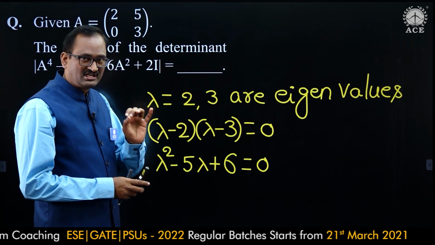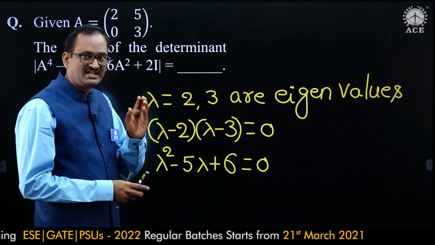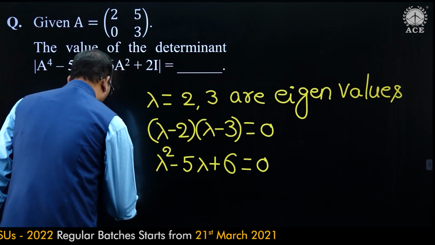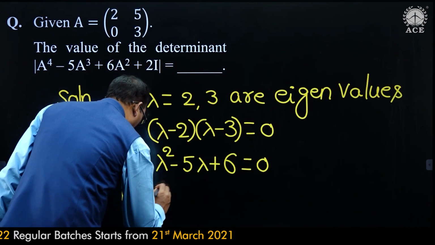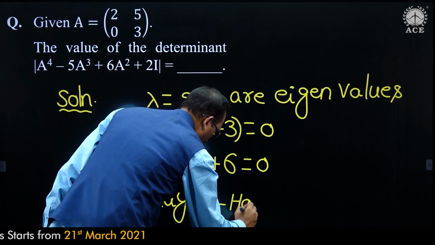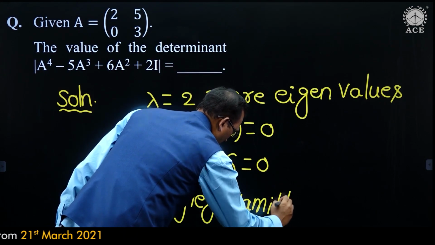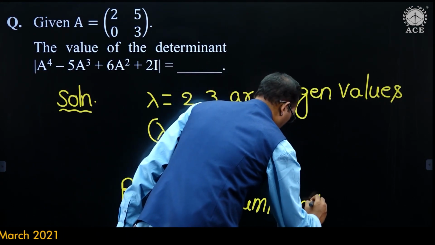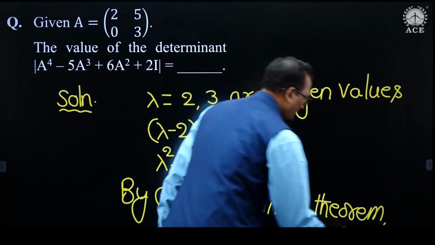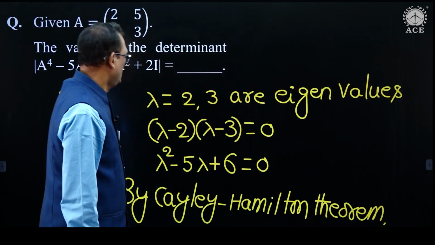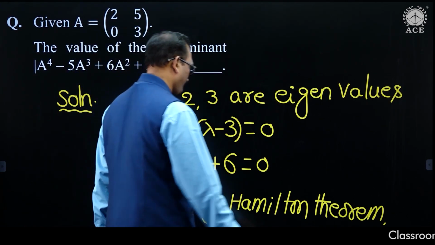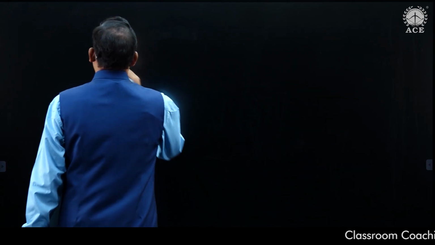The Cayley-Hamilton theorem states that every square matrix satisfies its own characteristic equation. Therefore, by the Cayley-Hamilton theorem, we have A square minus 5A plus 6I is equal to 0.